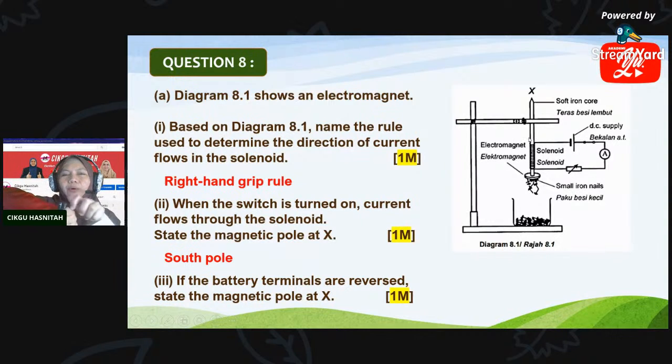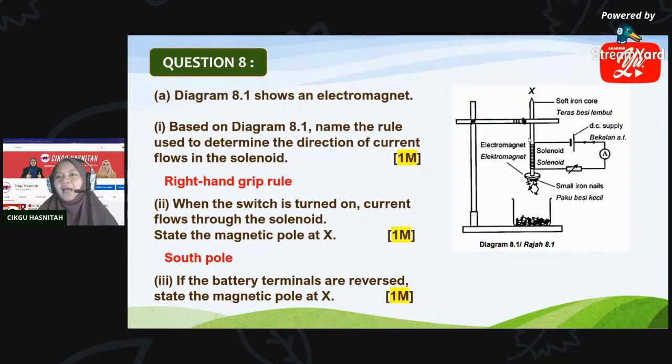So we place our curled fingers in a clockwise rotation, which means your thumb will be pointing downwards, which means the bottom of the solenoid is north. The top of the solenoid is south. Point X is above, so X is south pole.